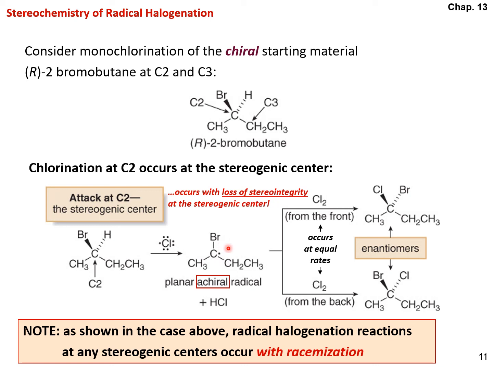And as we saw before, when you have a planar achiral radical, which is sp2 hybridized, in the next propagation step, when this reacts with chlorine, it'll react at equal rates from the front face and the back face, leading to, in this case, a 50-50 mixture of enantiomeric bromochloro products.